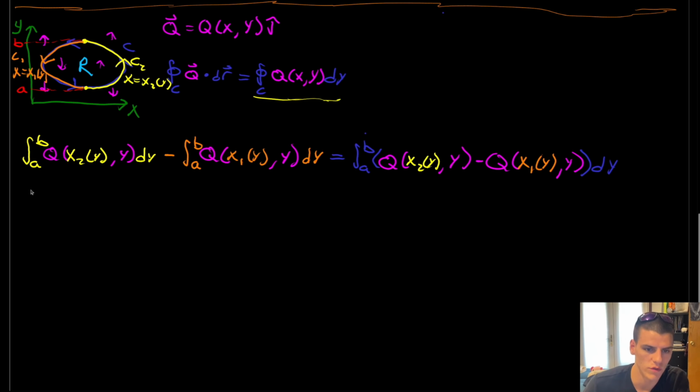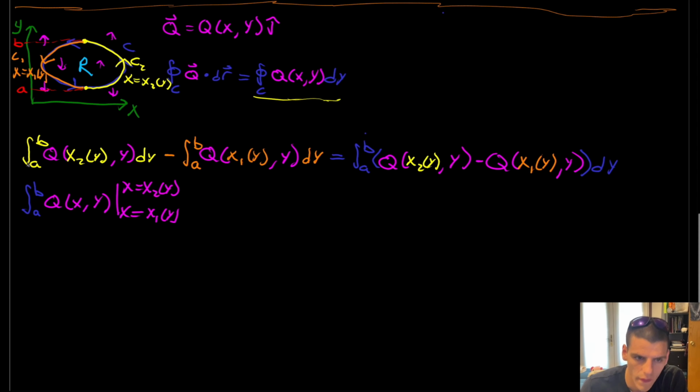We will just move straight on to the next step, where we write it as the integral from a to b of, and we'll just say generally the function Q of x, y, and then evaluate it at x equals x2 of y, and then x equals x1 of y, and then all that times dy.